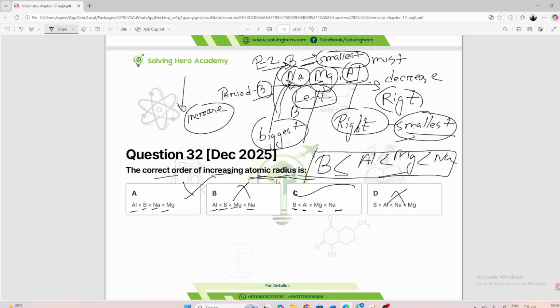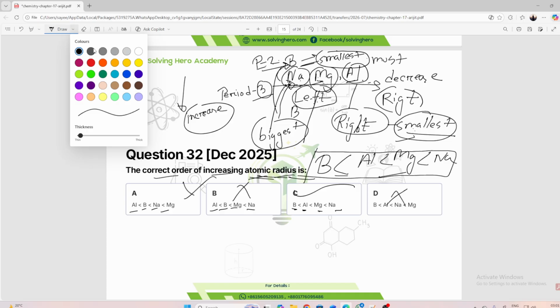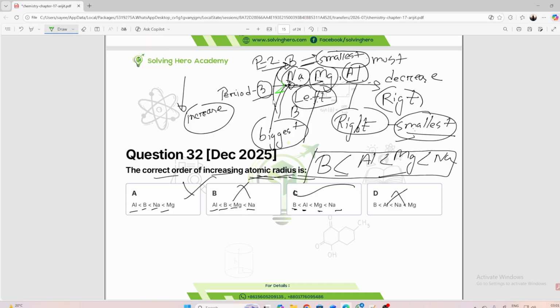Among these three period 3 elements, from left to right the size decreases, so aluminum on the right is the smallest, sodium is the biggest, and magnesium is the middle one. So boron is the most smallest, then aluminum, then magnesium, then sodium. Am I clear? So our answer is C.